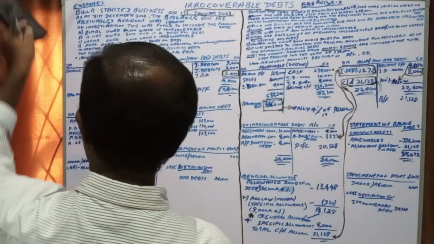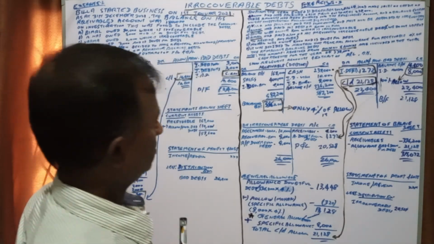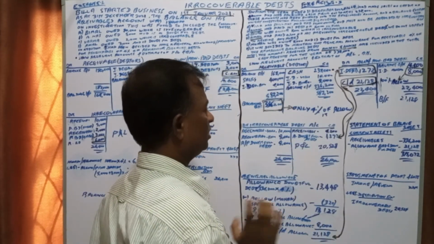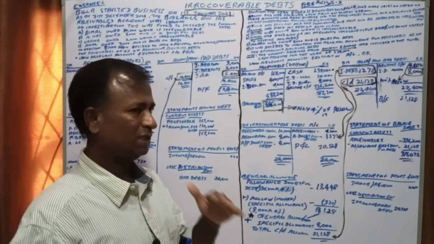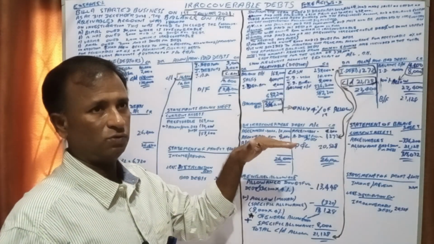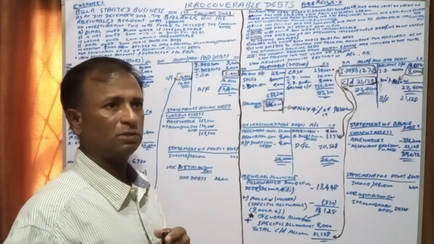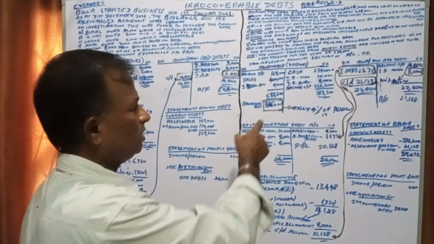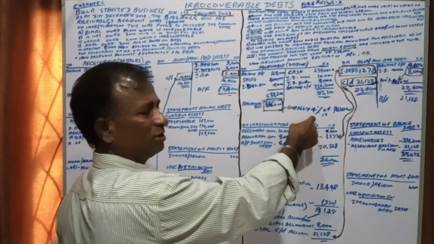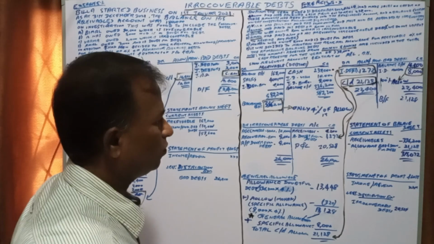I hope you all would have understood the thing. The main adjustment is general allowance and specific allowance. If you understand what is the general allowance and what is the specific allowance, it is very easy to tackle this type of questions, right? General allowance means, on total carried forward debtors, they will say this percentage is allocated for general allowances for doubtful debts.